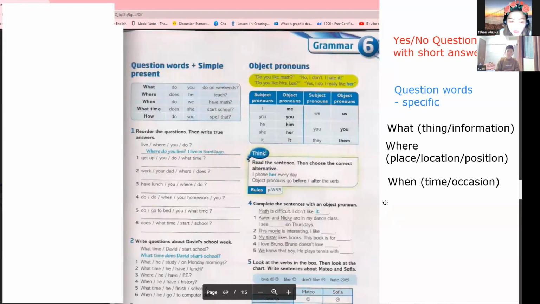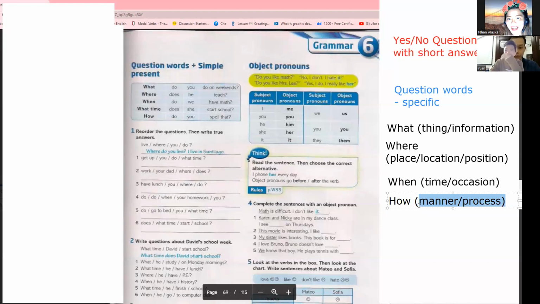How about how? When do we use how? We use how if we are asking for a specific manner or process.